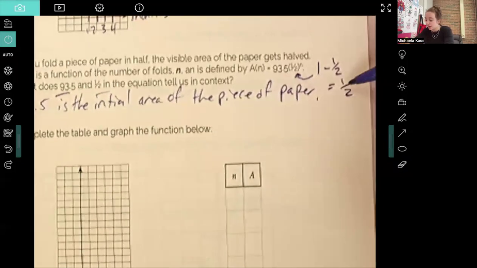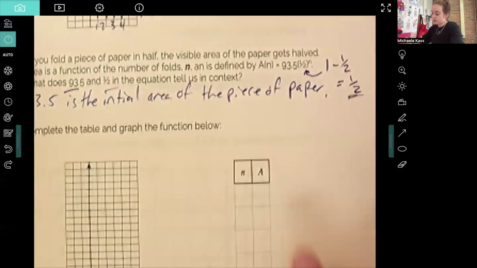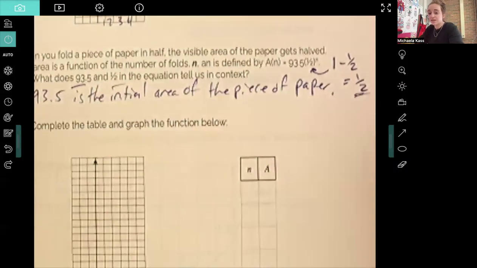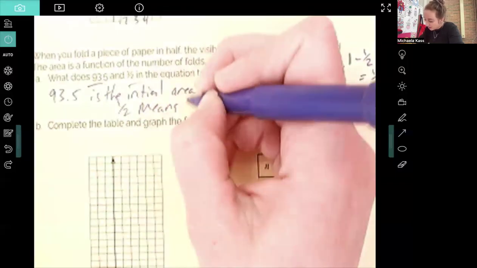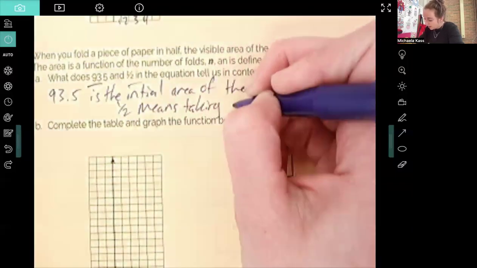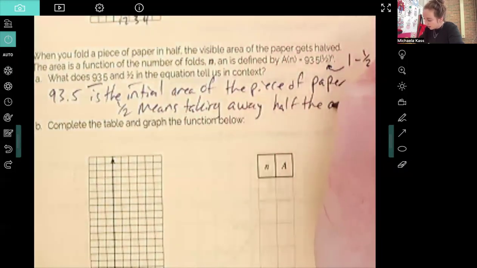So this half right here is what's being taken, right? That's what we're folding every time. So the half represents taking away half the area.